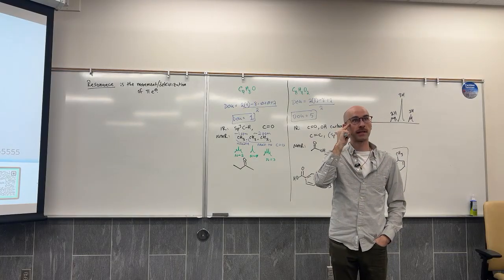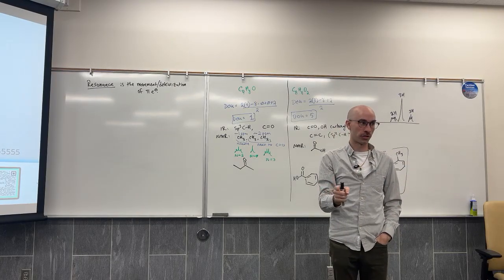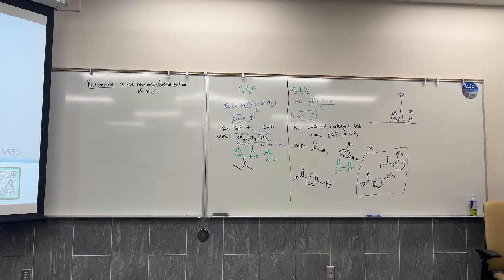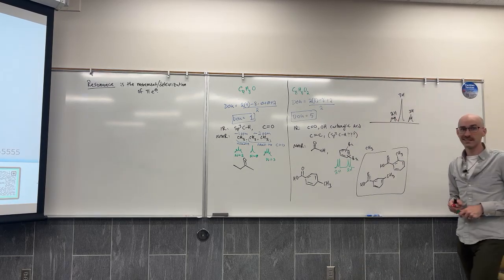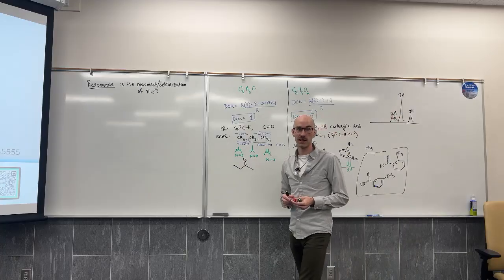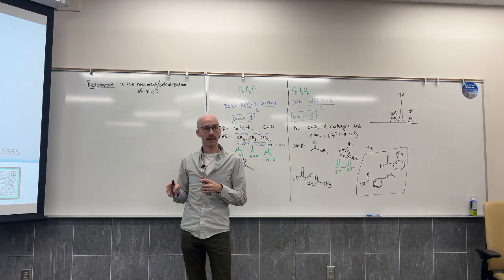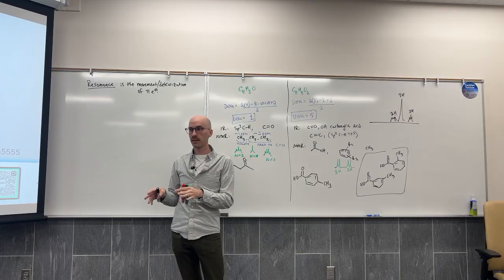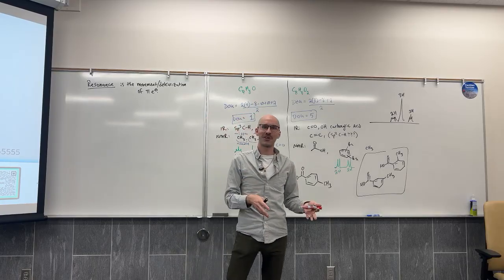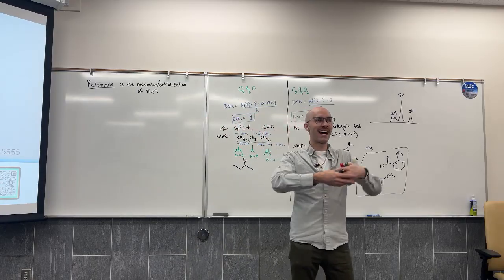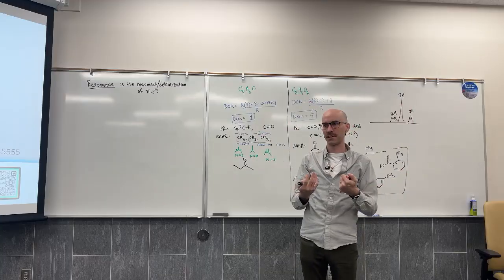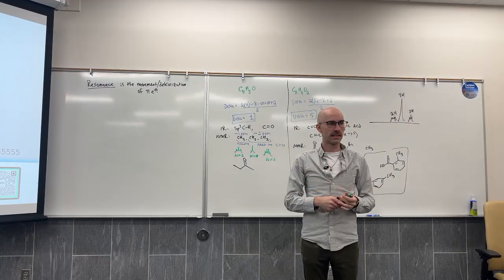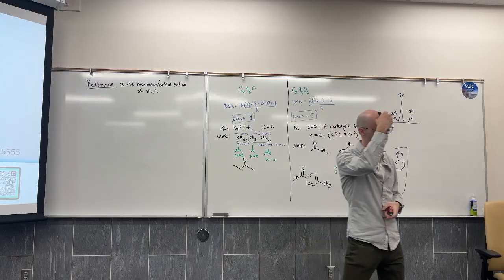If you have the perspective of Lewis structures, it looks like movement. If you have the perspective of MO theory, it looks like delocalization. And MO theory is a better descriptor of what electrons are actually doing. But Lewis structures just help us understand how the whole thing comes together. So they're both useful ways to visualize resonance, and I'm going to demonstrate both of them for you.